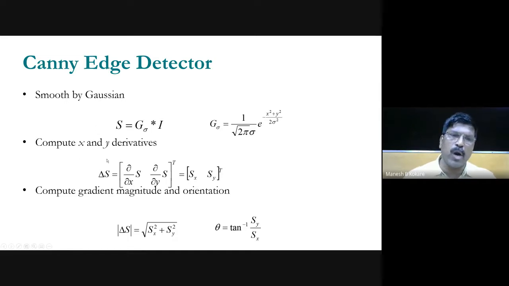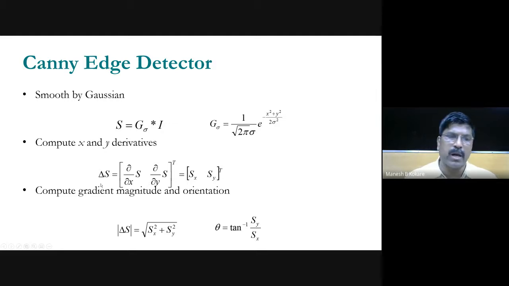Then you have to take the derivative in the x direction and y direction. Here, I is the input image, which is convolved with the Gaussian function to give S. Now the partial derivatives of S in the x direction and y direction are taken, giving the Sx and Sy components.